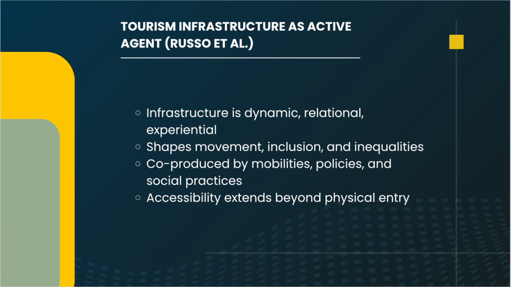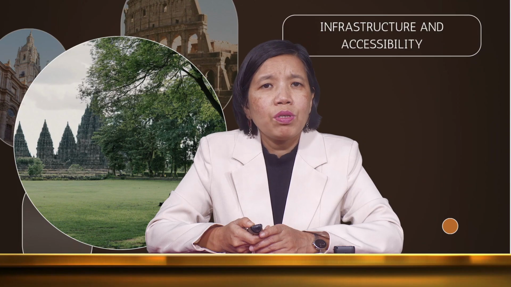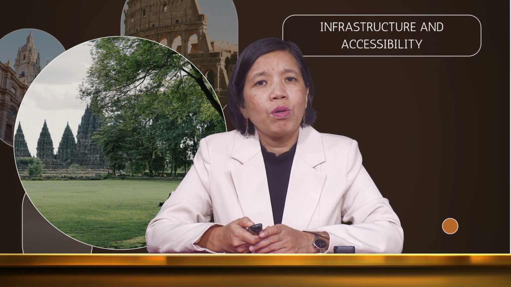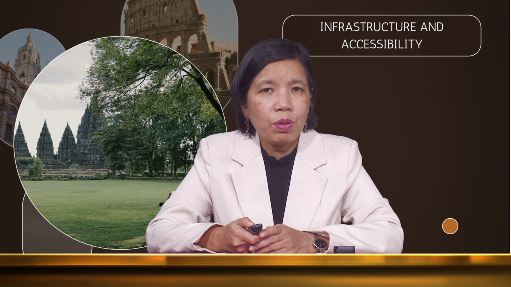Drawing from diverse case studies, the authors reveal that tourism infrastructures are co-produced through multiple forms of mobility and operate across different spatial scales. These infrastructures mediate access, participation, and transformation in destinations, often reinforcing or challenging socio-spatial inequalities.